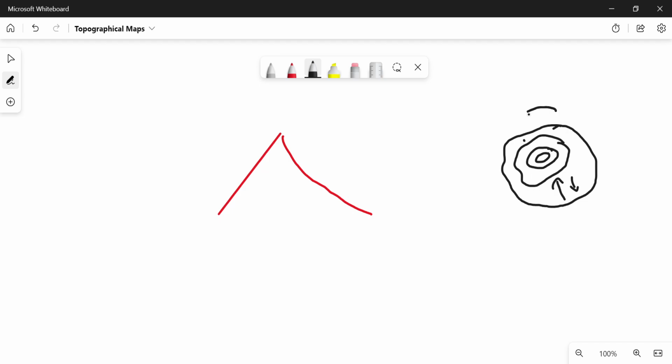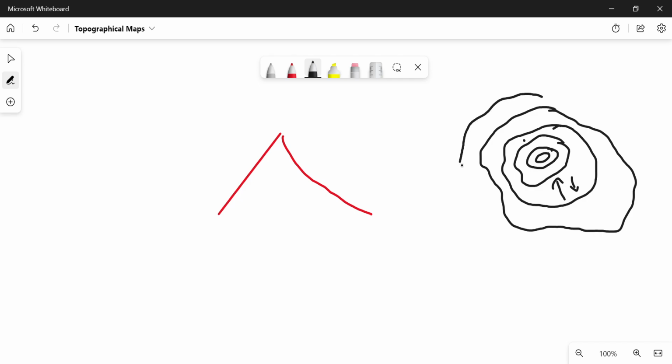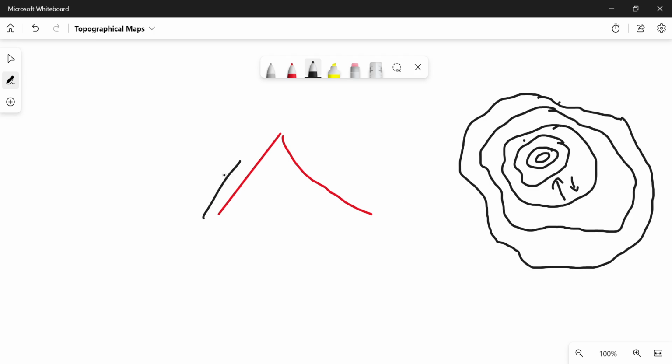Again, another, and another like this. As you can see over here, this is steep, right?